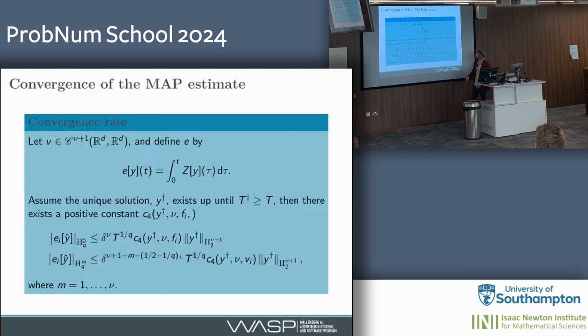So we consider solving on the interval 0 to T. We want this solution to exist on that interval. Then we have some positive constant, C4, such that we can bound this in terms of a bunch of Sobolev norms and semi-norms. I guess the most important one is the one above, the H0 Q norm, which is just the LQ norm. It's bounded by delta to the power of nu, so we get a convergence rate of nu, and then this is just a constant.